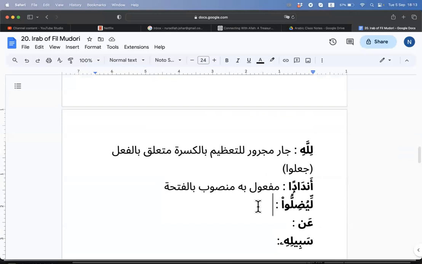We have another li, harf jar, but harf jar needs an ism after it. Is this fi'il or ism? Fi'il. Yes. Do we have li in nasibah? Yes, we have, like kai. So how do we know whether this li is nasibah or jazimah?